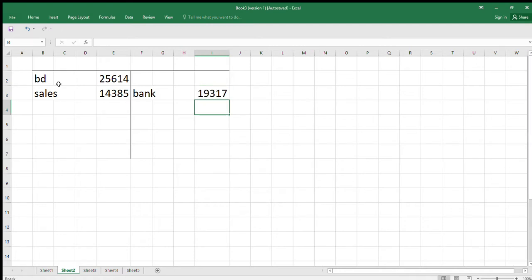And goods returned by our customers, so that will be sales returns. And that's going to be 2065. Okay. And then show the balance carried down.